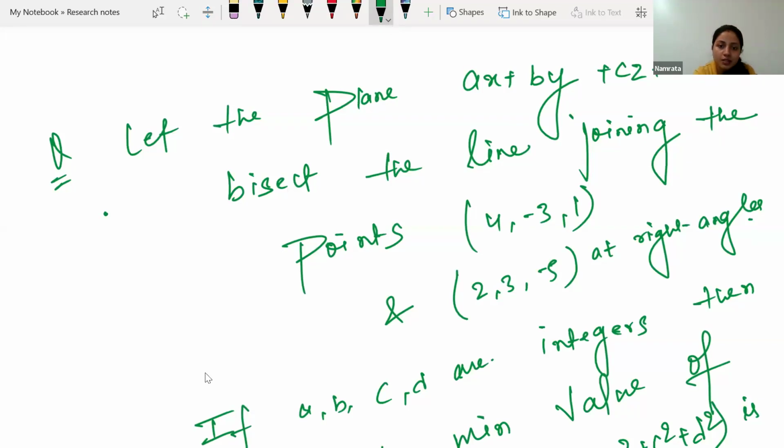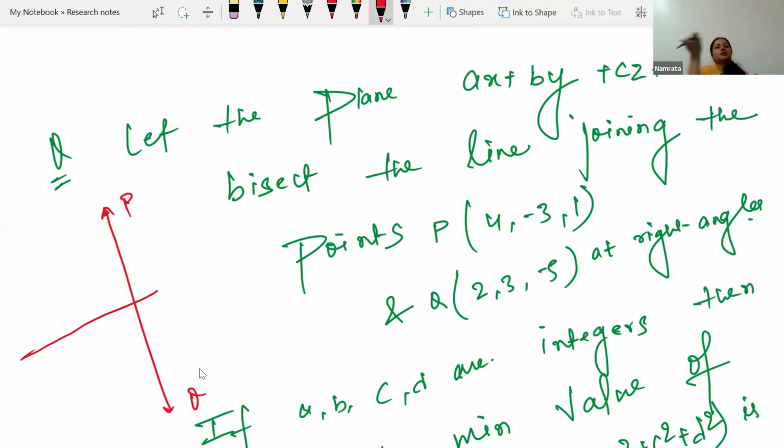The plane is bisecting the line, that means PQ is there and the plane is bisecting it. Bisecting means cutting in two equal parts, and it is bisecting it at right angle.